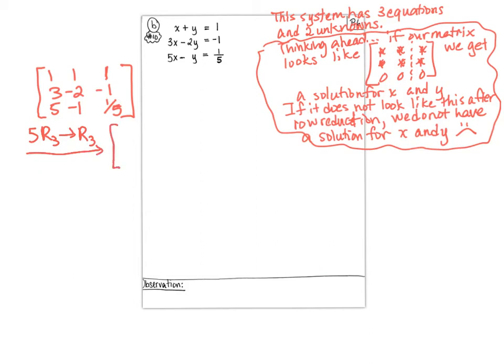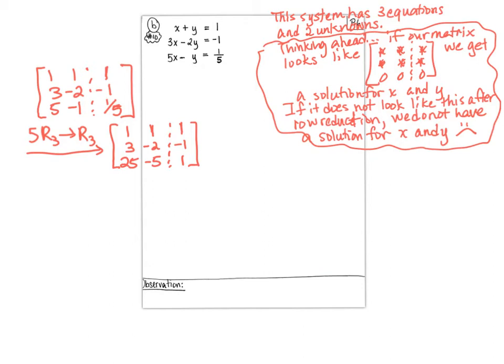First 2 rows don't change, so that's 1, 1, 1. Do you prefer the dashed line in here or not? Yeah. Okay. Next row is 3, -2, -1. The third row becomes what? 25, -5, and 1. Good. So what we did was we eliminated the fraction in row 3.